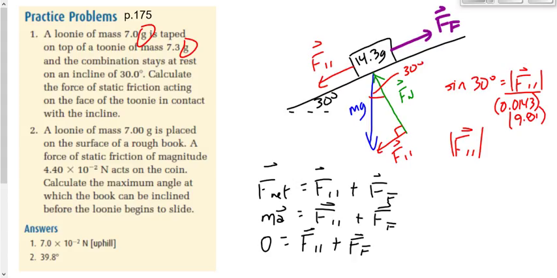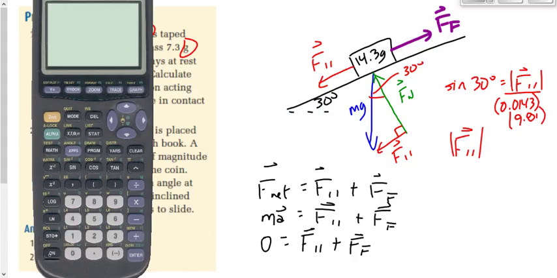Let's find that by saying 0.0143, that's kilograms, right? 14.3 in kilograms times 9.81 times sine 30. 0.07014.